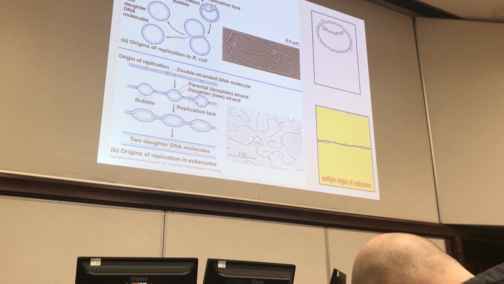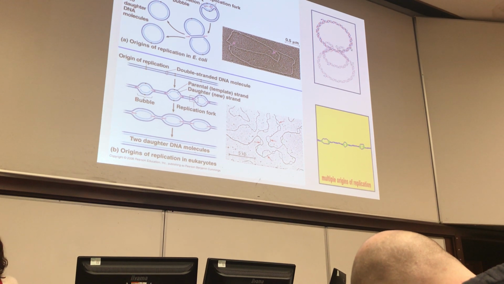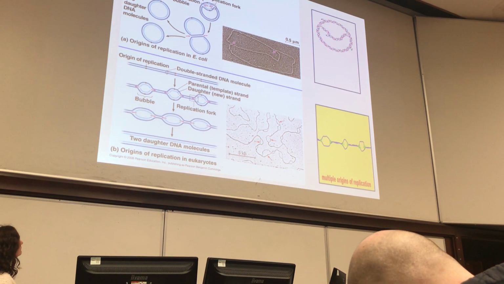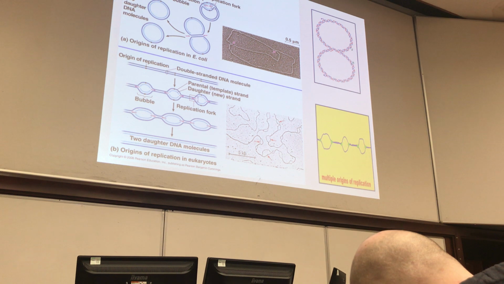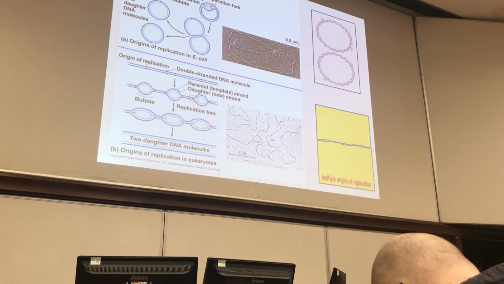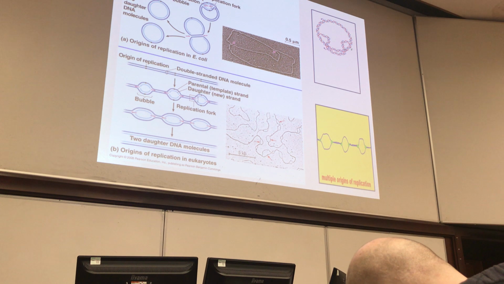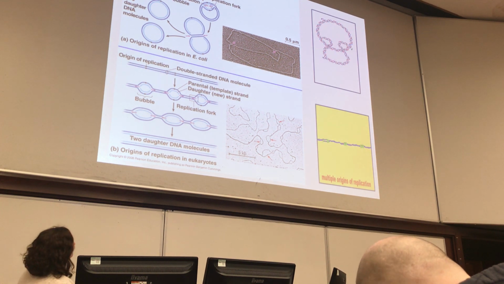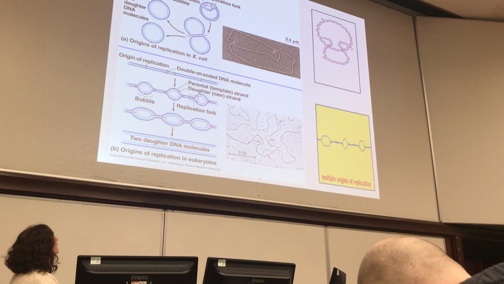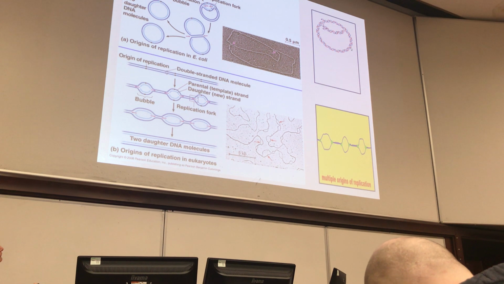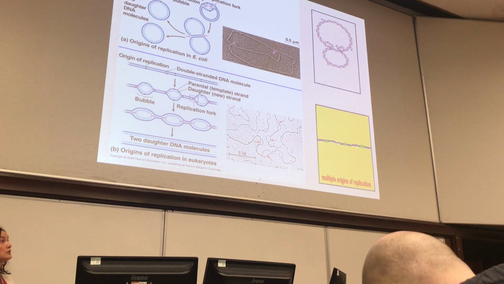In eukaryotes, however, due to the size of our genome, we have tens of thousands of origins of replication all occurring at the same time to make sure that our DNA is replicated in a feasible amount of time. So you can see, if you have a look here, there are thousands of these occurring at the same time, and eventually these replication bubbles will fuse until you get the daughter molecules.